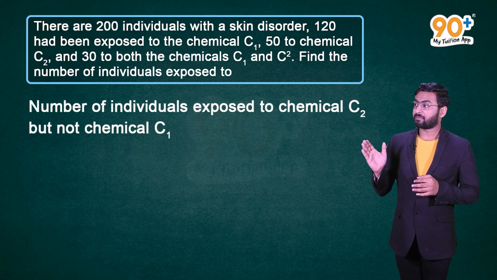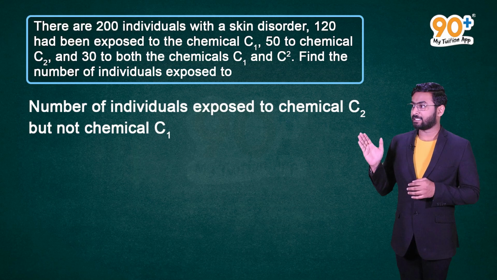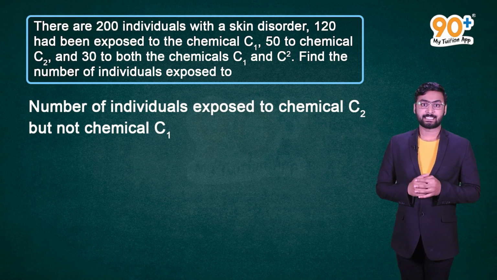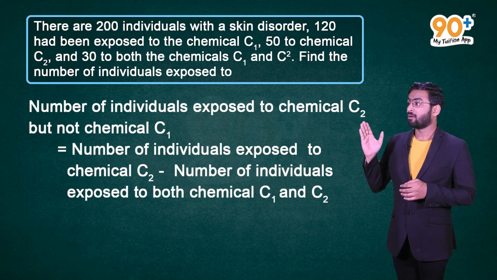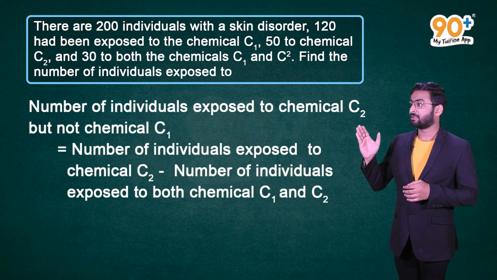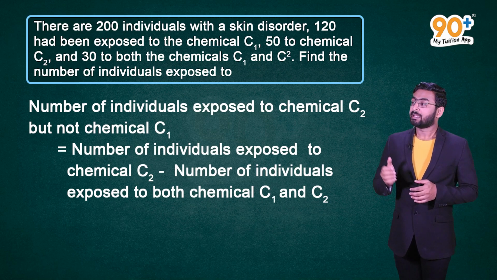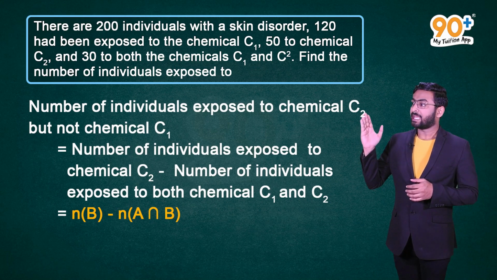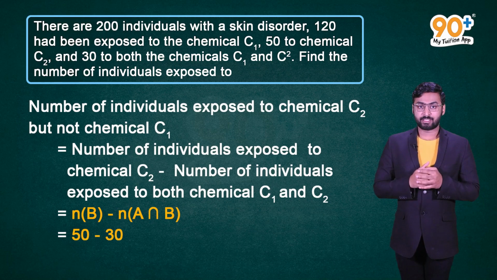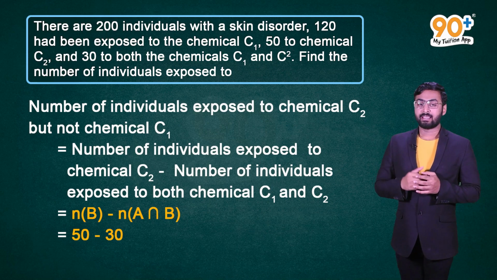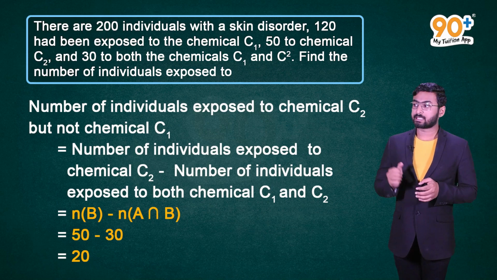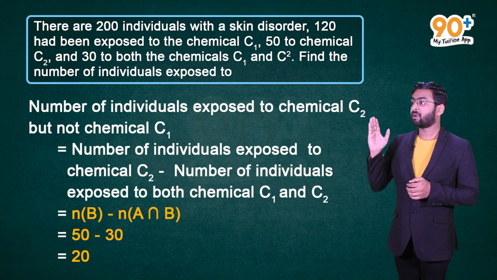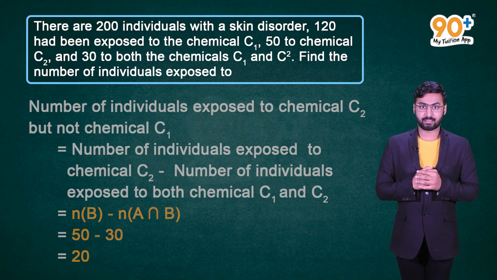So, number of individuals exposed to chemical C2 but not chemical C1 is equal to number of individuals exposed to chemical C2 minus number of individuals exposed to both chemical C1 and C2, and that is n of B minus n of A intersection B, which is equal to 50 minus 30, and that is equal to 20. Hence, the number of individuals exposed to chemical C2 but not chemical C1 is 20.